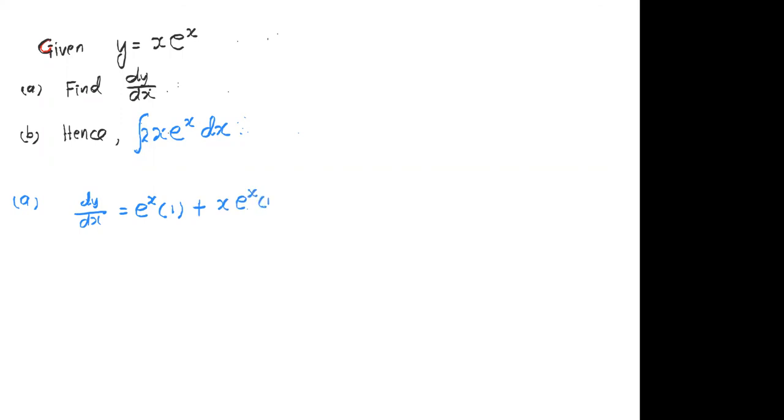I purposely put a 1 here. You know what am I doing? Am I right? So this will be e to the power x plus x e to the power x.